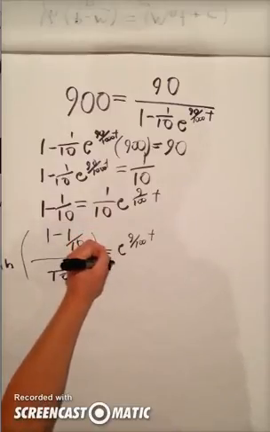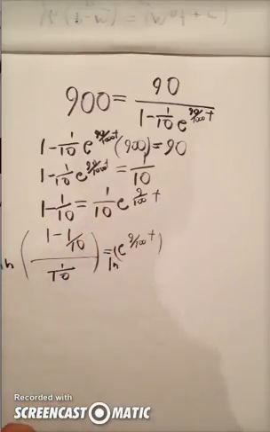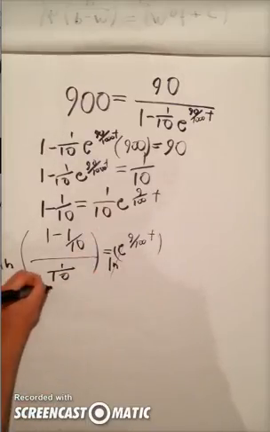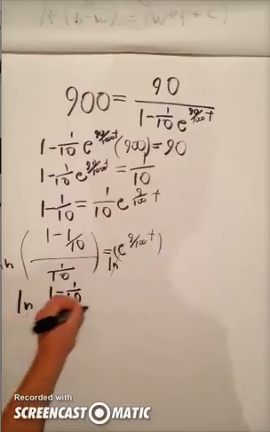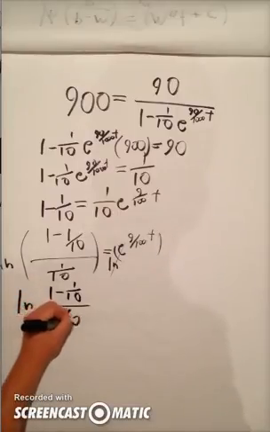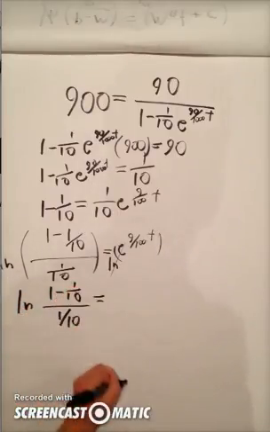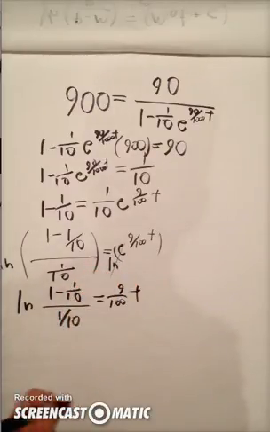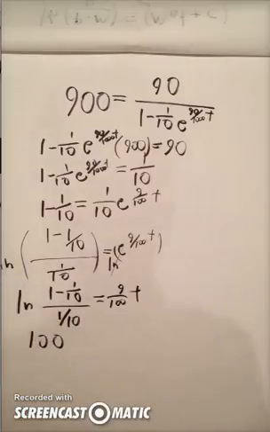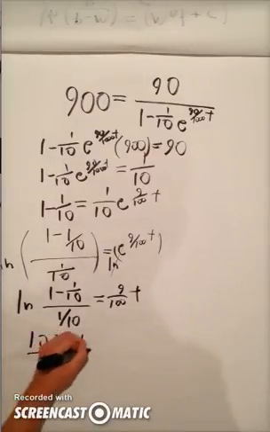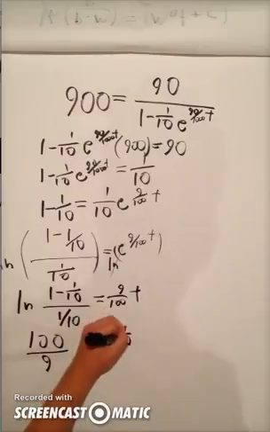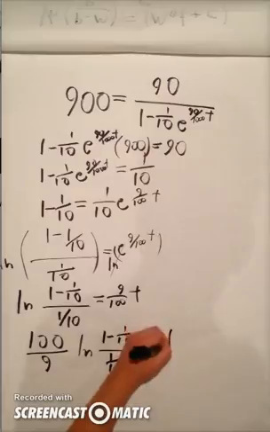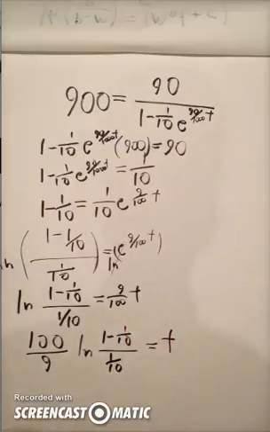Natural logarithm, and that goes away. We have ln of (1 minus 1/10) over 1/10 equals 9 over 100 times t. And we have 100 over 9 ln. That's our time.